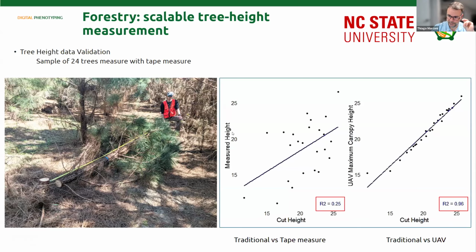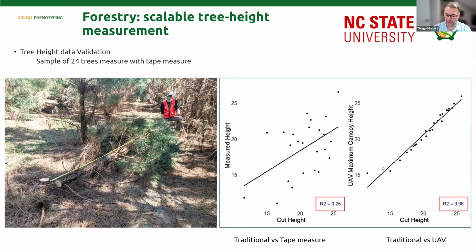This first graph on your left is showing the correlation between the height of those particular trees done with the hypsometer. So we got a very poor correlation of 0.25. And then the height extracted from the images from the drone. So you can see how high the correlation was.